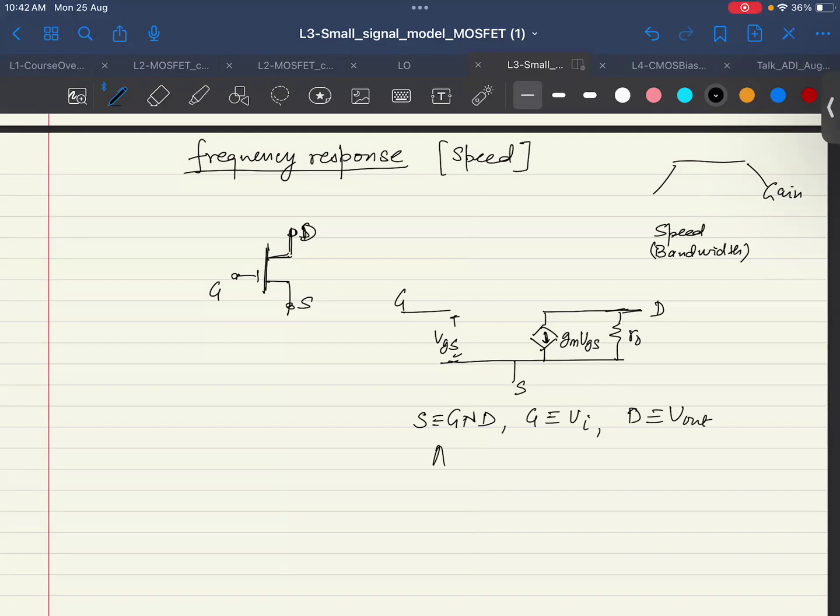And in that case, if we define our V out by V in, we saw that we get something called gm, right? And you see that from this gain, do you see any speed limitation?